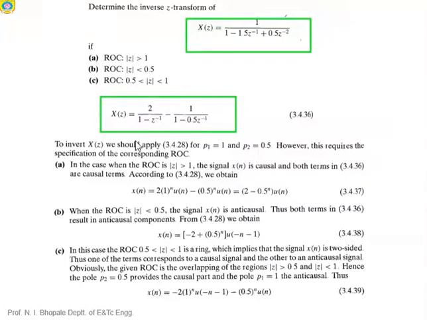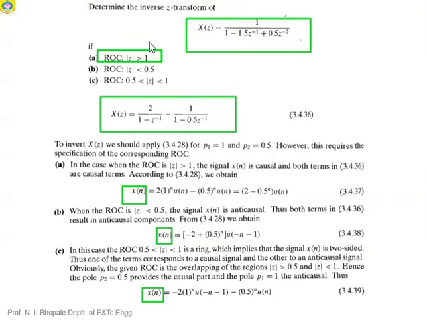So if we have this x of z, what could be the probable x of n for three conditions? These are the three probable x of n, but x of n can be determined based on the ROC, that is, the region of convergence.